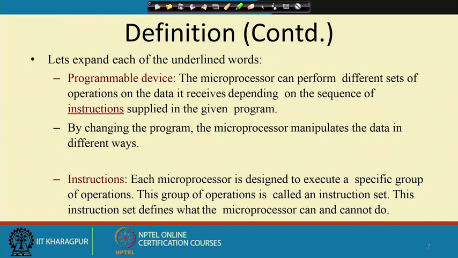Now, if there is no valid instruction at a certain memory location, what will the microprocessor do? That is not defined. In fact, that depends on the way the microprocessor has been designed.